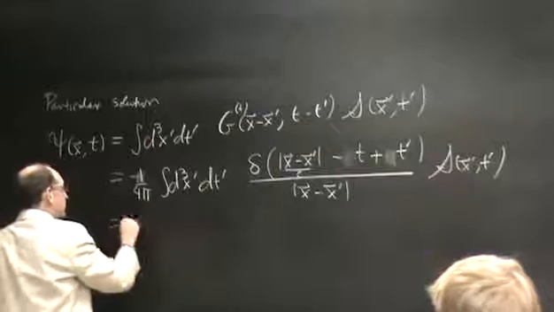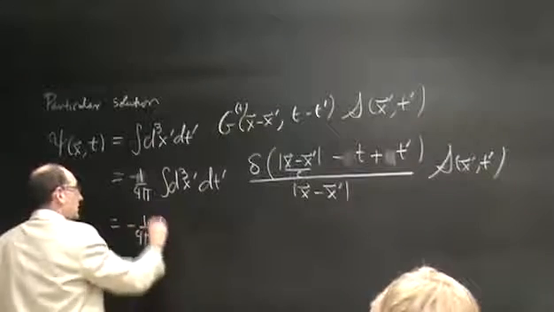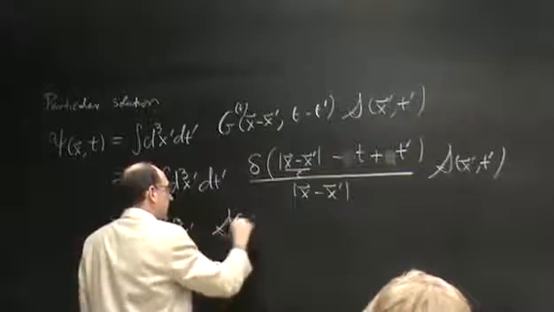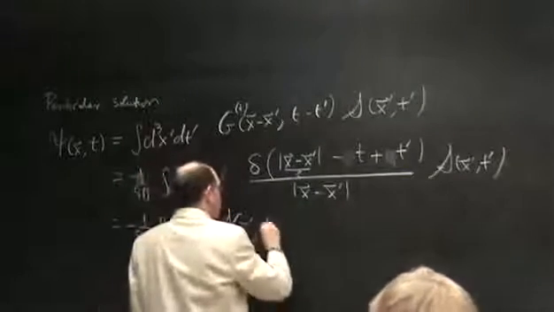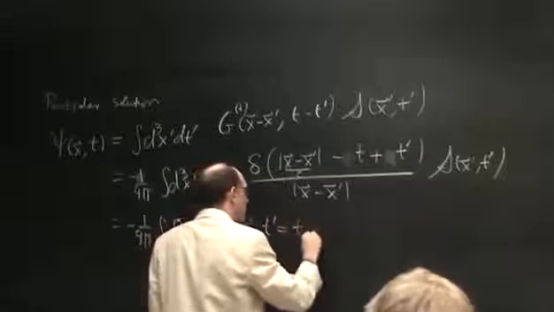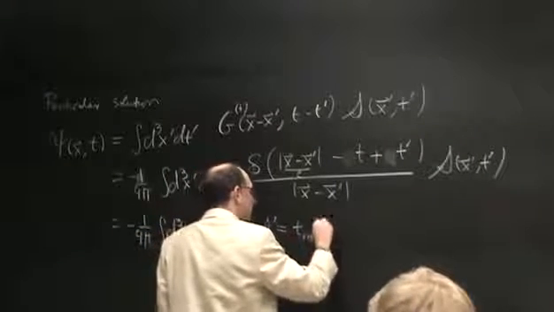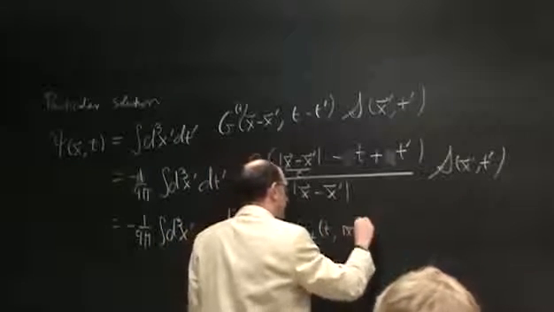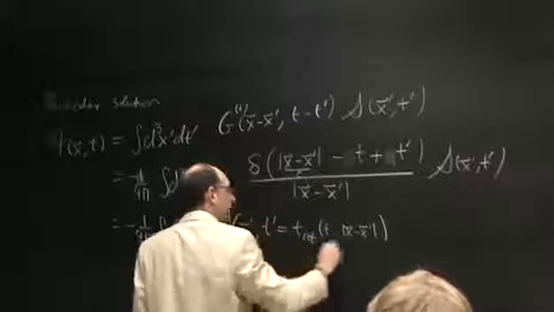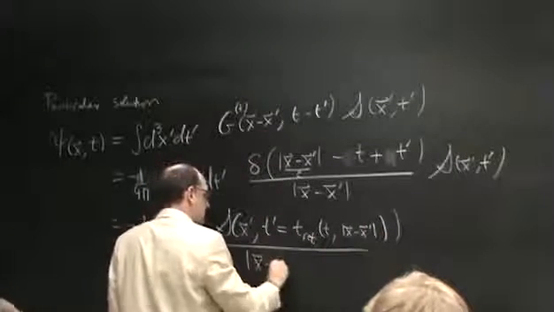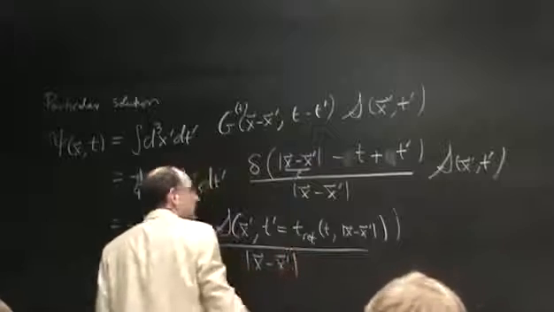So this is equal to the integral over x prime of the source at x prime at t prime equal to what is called the retarded time, which depends on t and the distance between x and x prime, over the magnitude of x minus x prime.